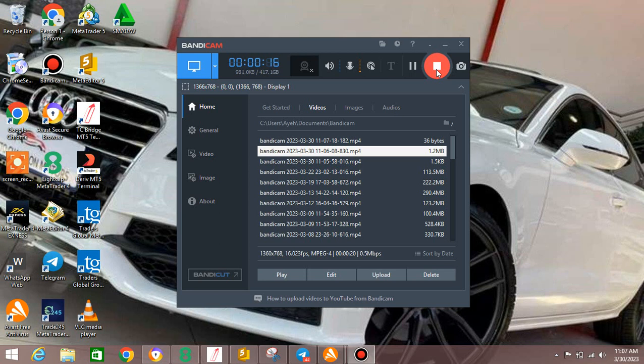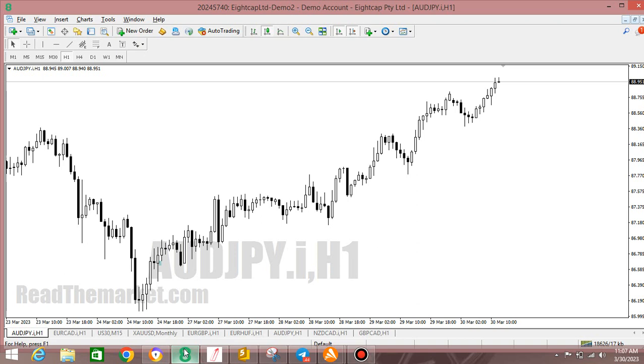On the previous videos, we've done analysis of Euro USD. We've done Euro USD and we made a lot of money and everybody was happy. So I just saw another very dope setup of the AUD yen, the Australian dollar against the Japanese yen.